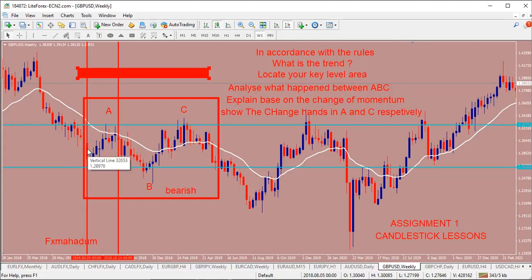It happened at A. The next one happened at C, and I want you to look closely at C. Something happened there at C. It is at that particular C that they changed their hand to continue the trend.